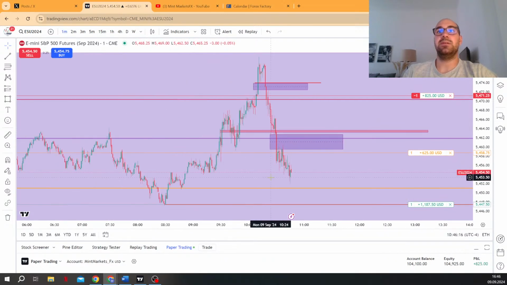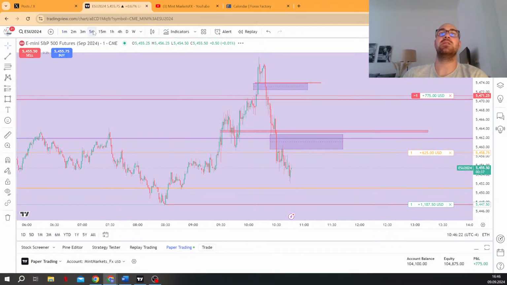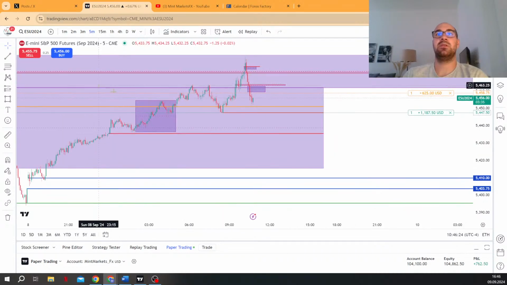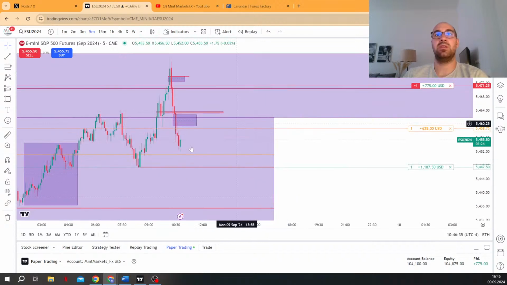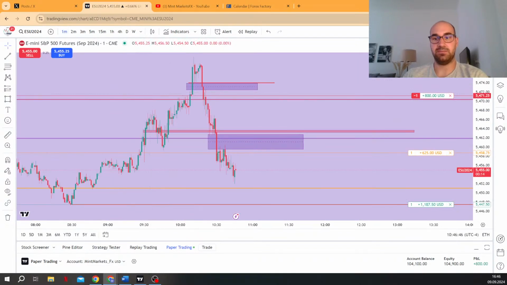Let's see. We are still in a premium a little bit. Here we have the 8:30 opening price, so we're still above it, so we're still in a little bit of a premium here. We have taken out this low here now. We have another low here and another low here. Let's see if we have the strength.